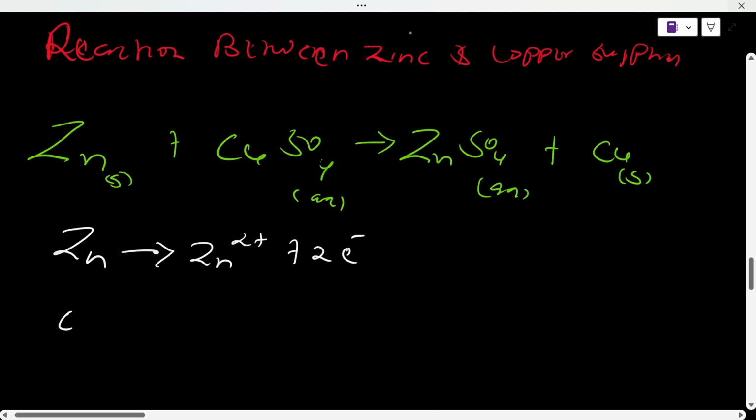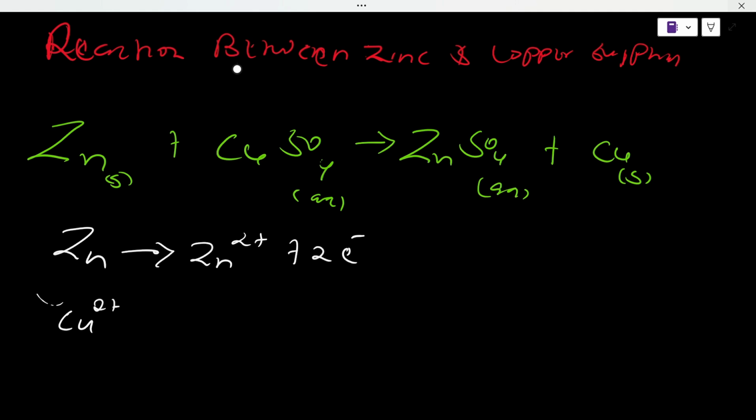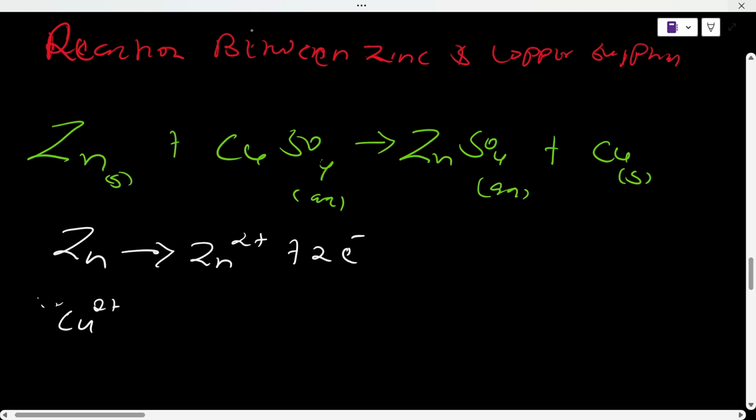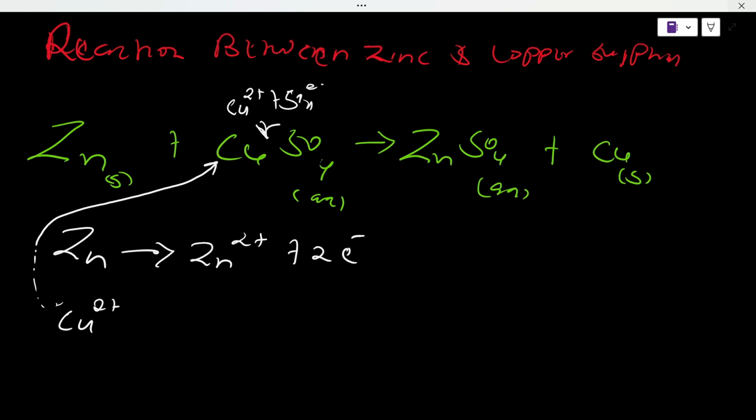Copper 2 positive, that was in this, remember? Because here I'm having Cu 2 positive plus SO4 2 minus, giving me this particular compound. So that's why we are treating it as an ion.